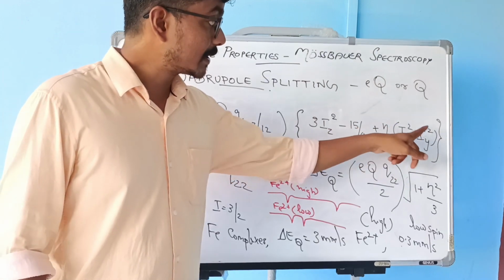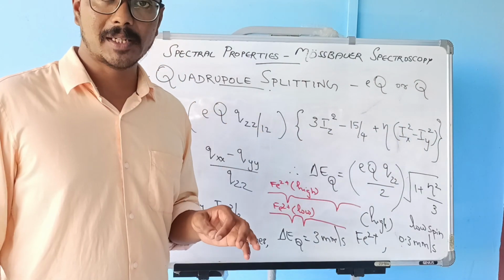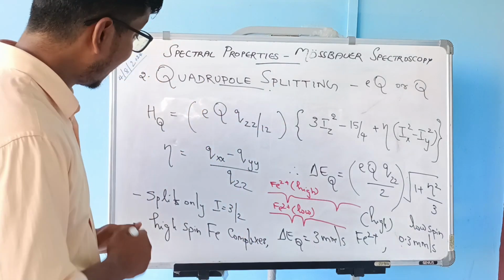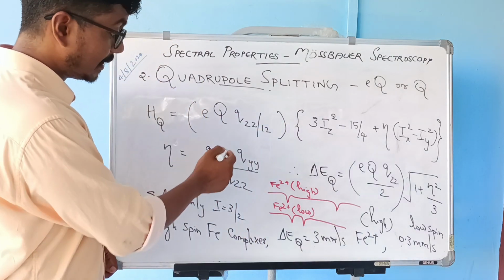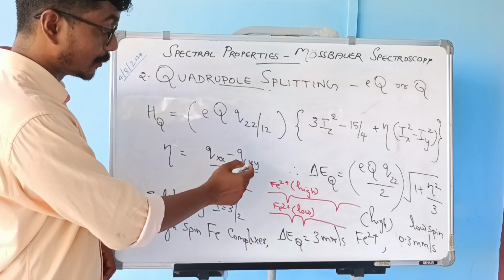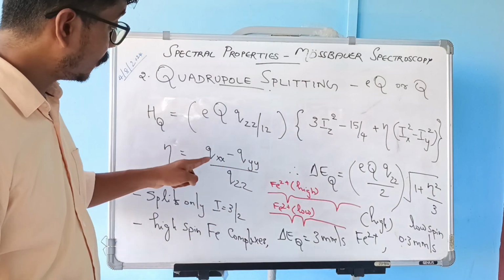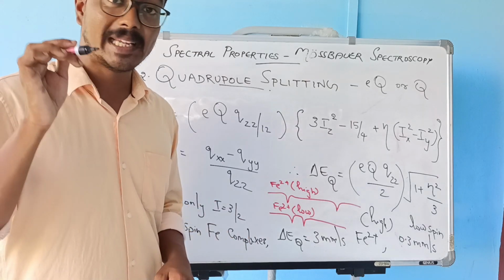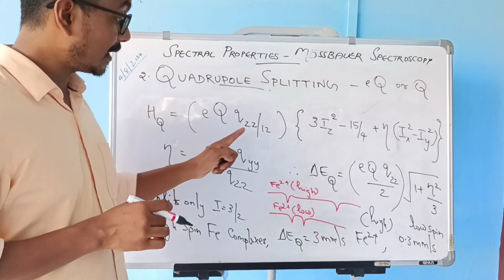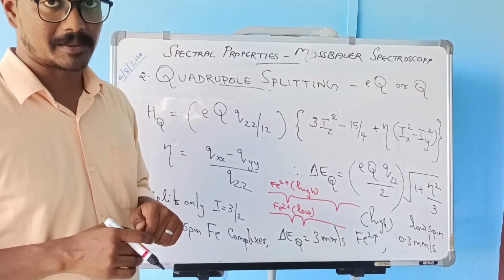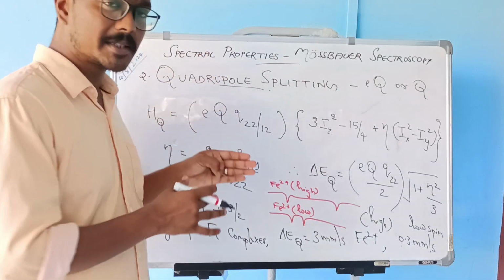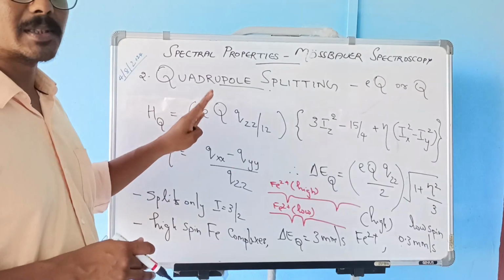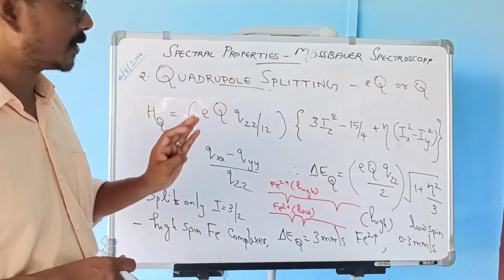Iz, Ix, Iy are the nuclear spin quantum numbers in the X, Y, Z directions, and eta is equal to Qxx minus Qyy divided by Qzz. Qxx, Qyy, Qzz are the principal components of the electric field gradient in the X, Y, and Z directions. The derivation is not required now, but you should understand the components of this Hamiltonian operator.